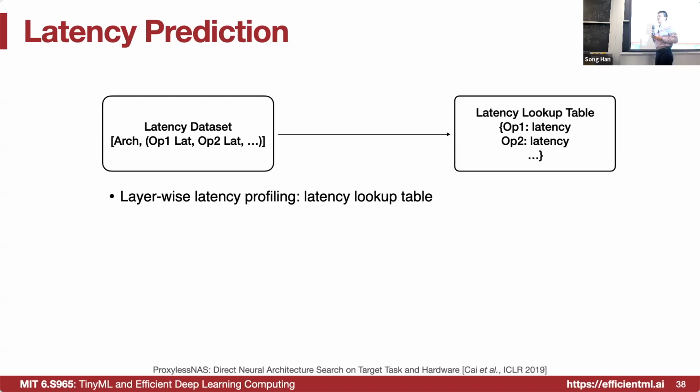Say a convolution with resolution 112 by 112, 64 input channels, and 256 output channels. The same layer might appear in both neural network 1 and neural network 2.